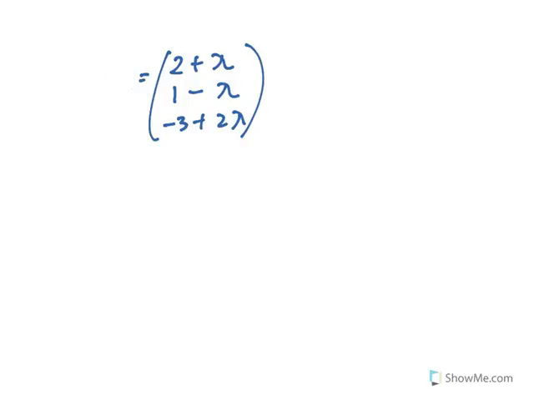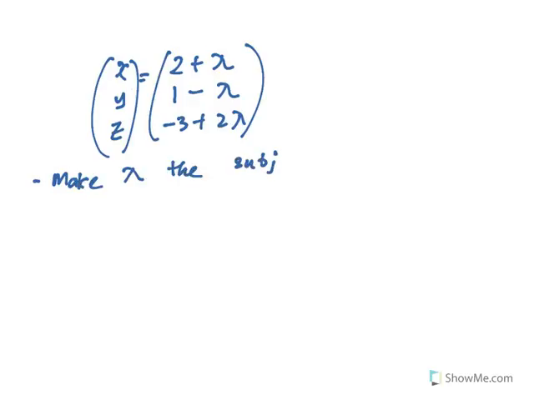I recognize that this is 2 plus lambda, 1 minus lambda, negative 3 plus 2 lambda. This is my original equation. For r, I just replace it with x, y, z. What next? I just shift. Make lambda the subject.